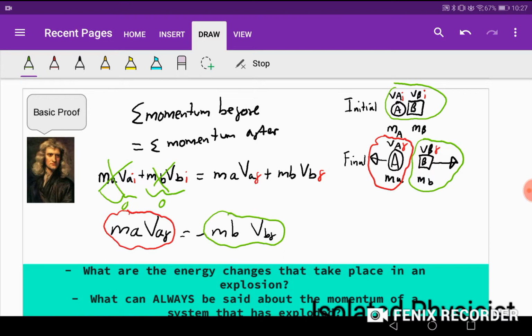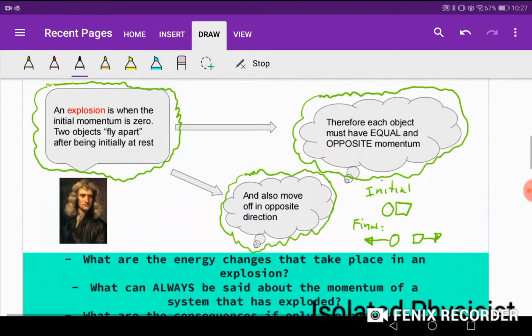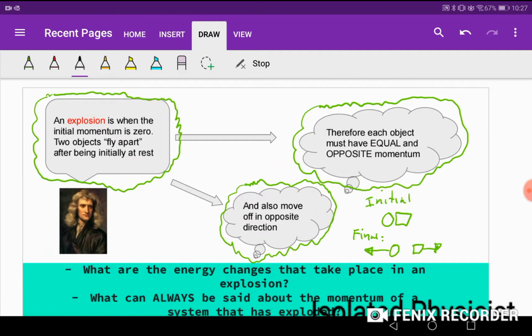So that's the proof that the momentum is equal to each other and opposite in direction. So that's proof of these two statements here.